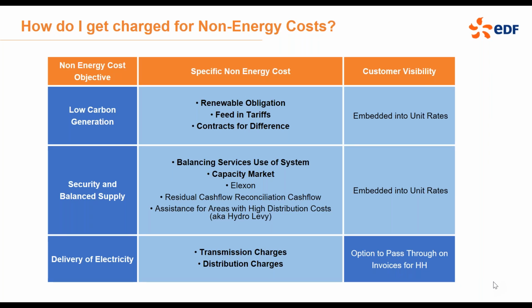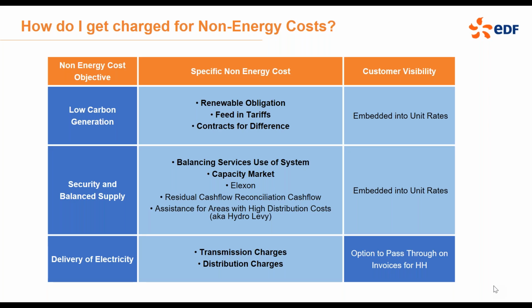One of the really tricky components with non-energy costs is how we forecast and how we reconcile, because none of these costs can be fully known in advance. So we have to put in place a reference price, and a price which is going to be reflective of our best forward view of what these costs will be.